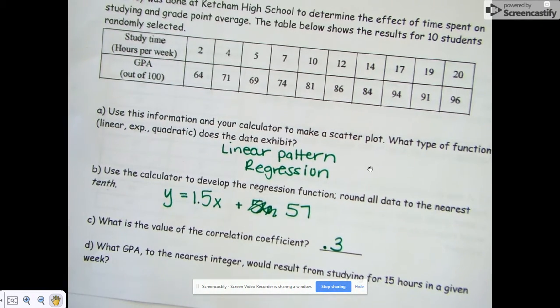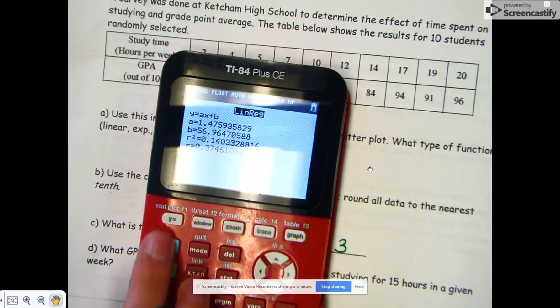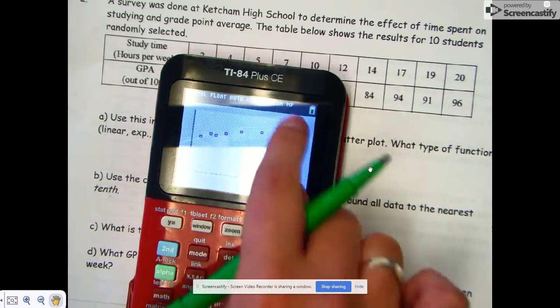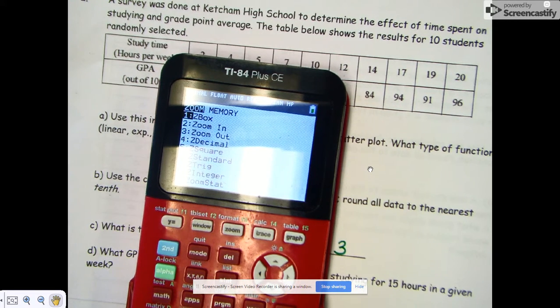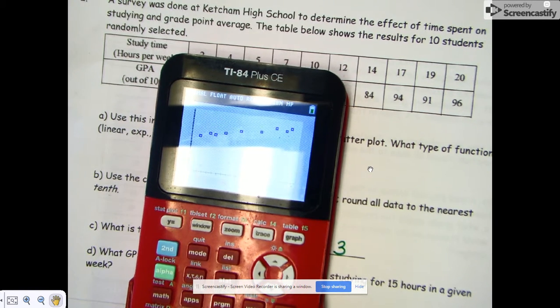That makes sense. But our correlation coefficient of 0.3 doesn't necessarily follow what we're seeing in our graph here. It looks like it's a pretty close line. I wonder if we can zoom in any farther. Zoom fit.